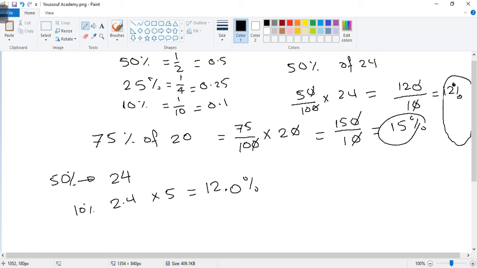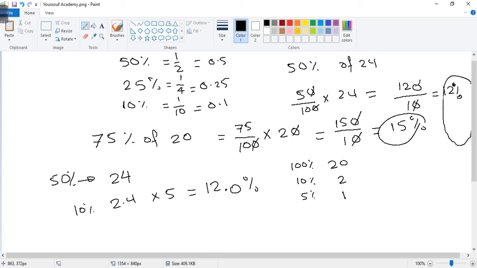This one as well, 75%. He wants 75% of 20. We have 20 here. This is 100%. What is 10%? 10% of 20 is 2. And what is 5%? 5% is 1.